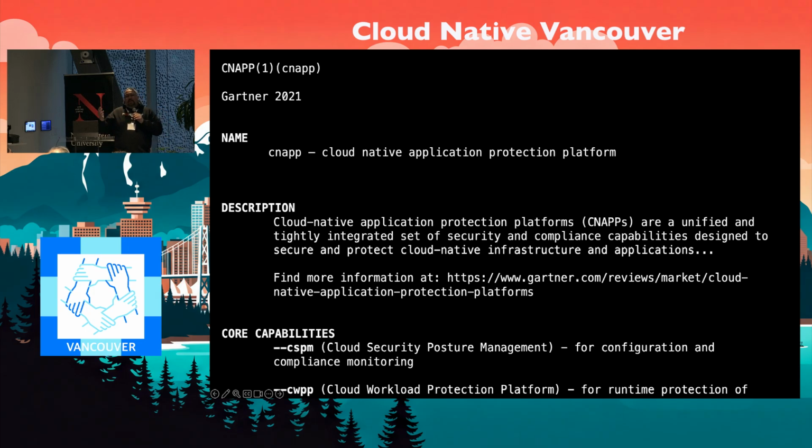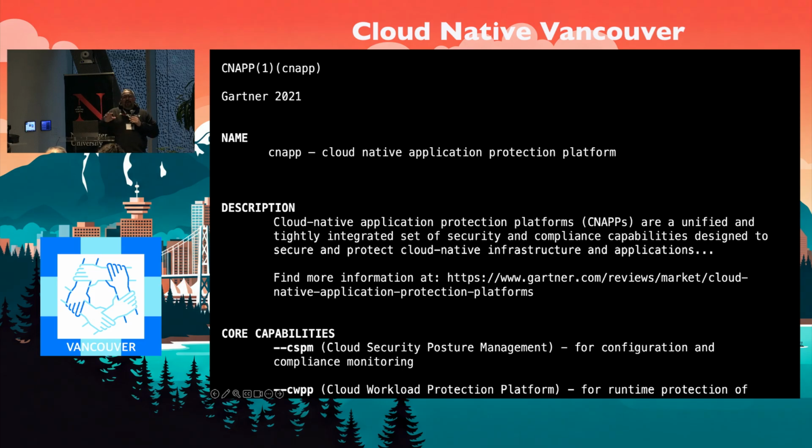If you look into the market, the vendors selling CNAPP solutions will have different capabilities. It's not one vendor having all the capabilities. Of course, all of them will have the core capabilities, otherwise they cannot name their product a CNAPP, but the recommended and optional capabilities will vary.